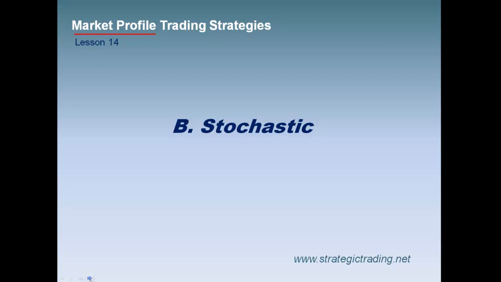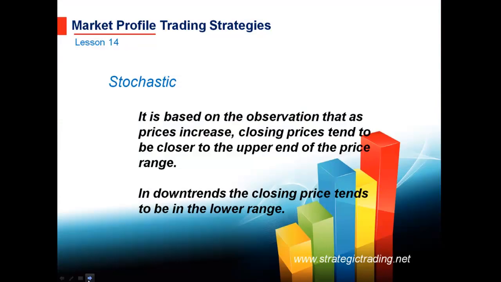It is a very popular indicator, as a matter of fact, on many platforms. We have one feature in Market Delta that you will not find on stochastics in other platforms, and that is it is going to be an unbound stochastic, and I will tell you why that is a valuable and important feature. But let's first look at the logic of the stochastic, what it does and how it helps us.